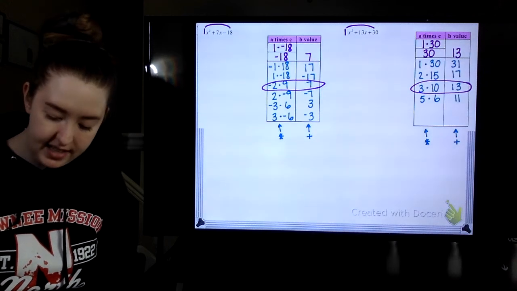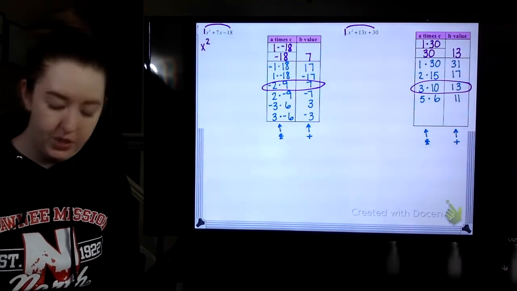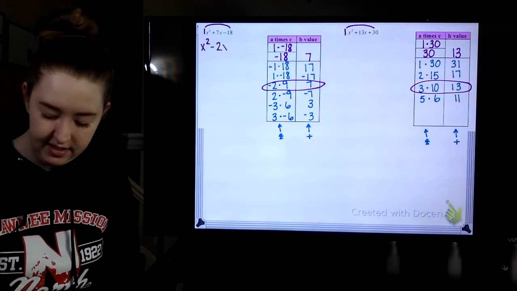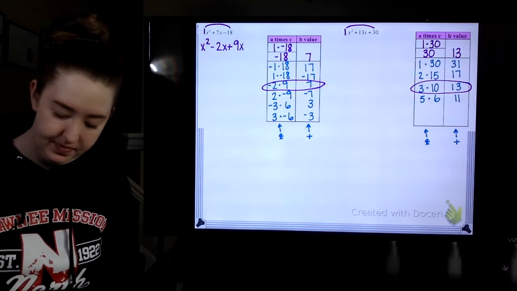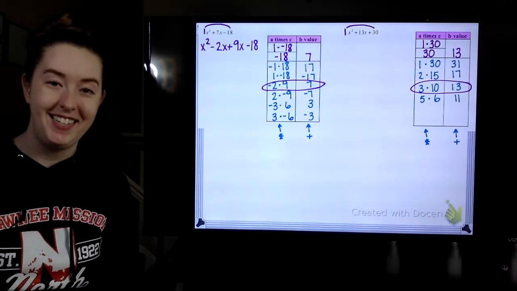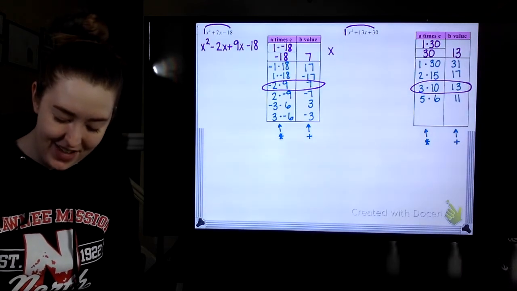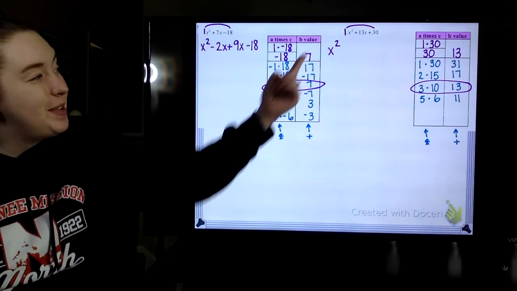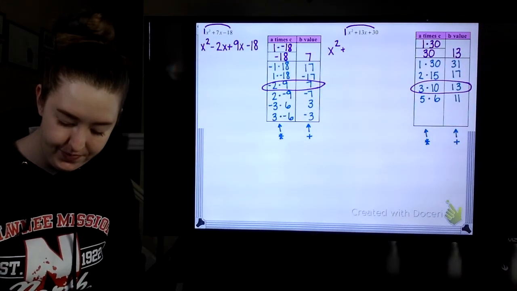Split my 7x into negative 2x and positive 9x, and I still have my x squared and my negative 18 on each side. On my last one, I have x squared, and I'll split my 13x into 3x and 10x.